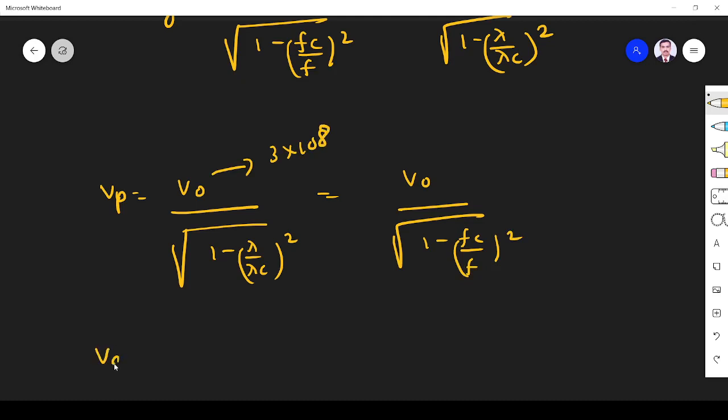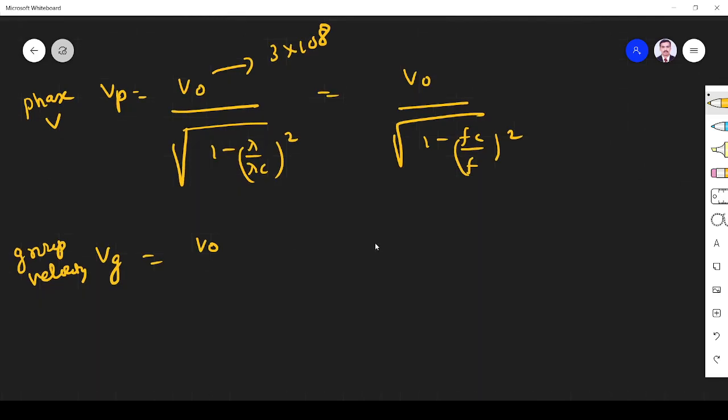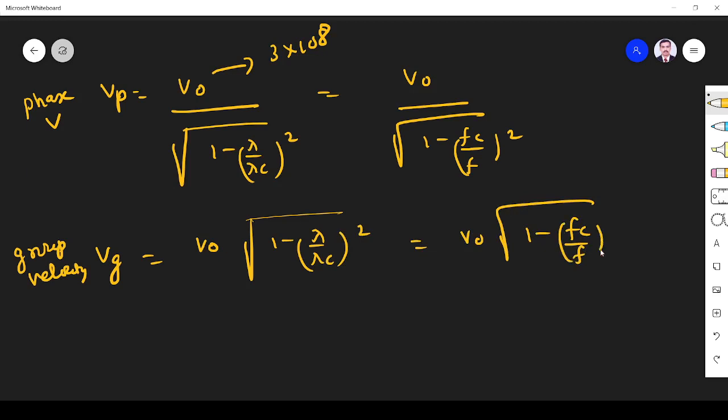This is the phase velocity. Next, the group velocity. Vg is equal to V naught into the square root of 1 minus (lambda by lambda c) whole square, which is equal to V naught into the square root of 1 minus (fc by f) whole square.